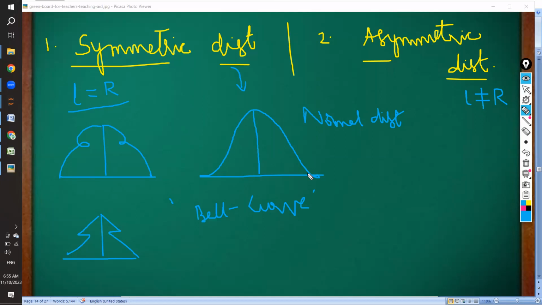Now, can you tell me if my statement is correct? Can I say all normal distributions are symmetric distributions, but all symmetric distributions are not normal distributions? Is this correct, guys?